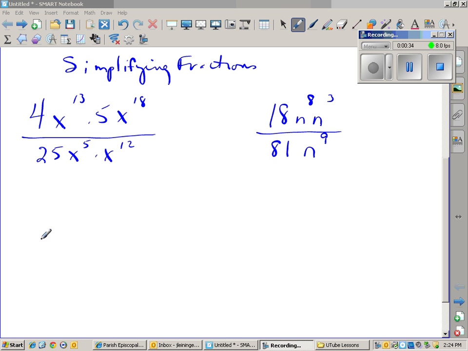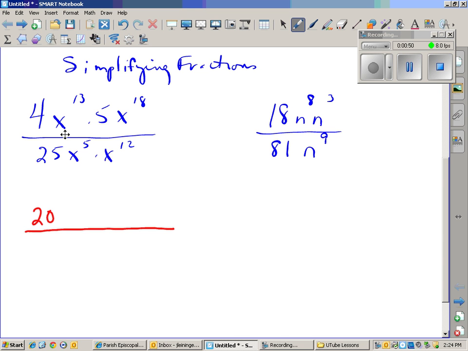The first thing I'm going to do is simplify the numerator. I'm going to look at the numerator without regard to the denominator, and I'm going to say I've got a 4 and a 5, and I'm going to multiply them together and get 20. And then I've got two like bases, x to the 13th and x to the 18th. We're multiplying the two x's together, so our product of powers property says we add the exponents.